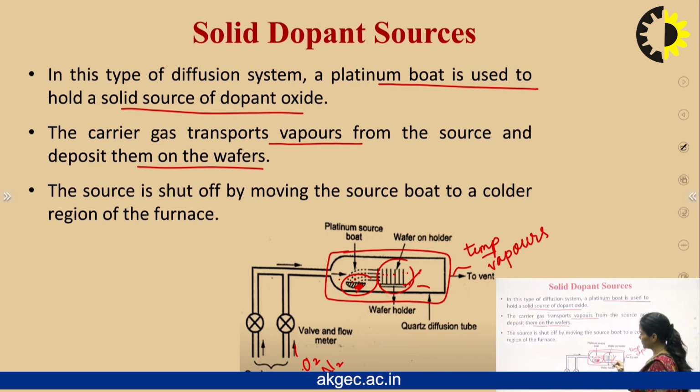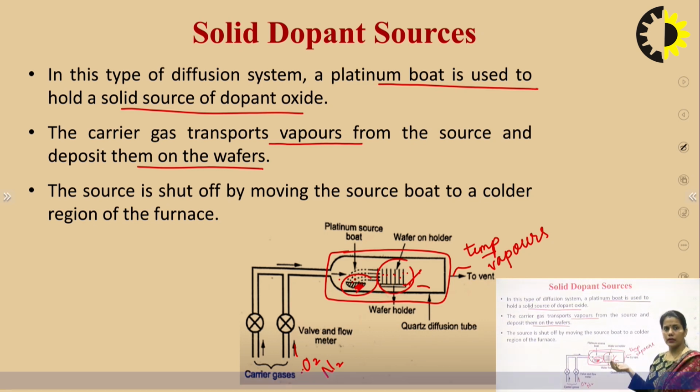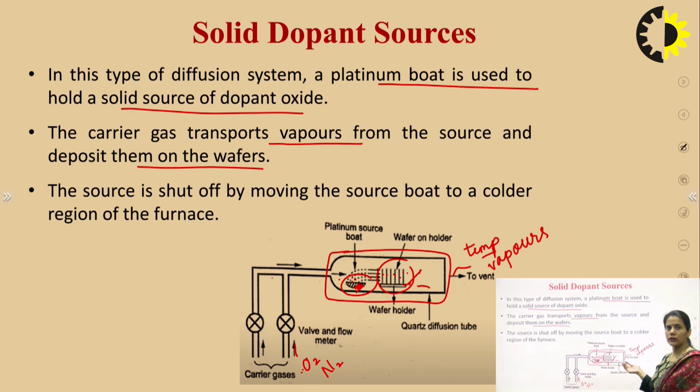After the gaseous molecules of this dopant are deposited on the wafers, they are solidified by placing this wafer holder in that portion of the furnace where the temperature is low. Now the extra gases, the exhaust gases, are sent out of this system. Again, this arrangement, as discussed previously, is made up of quartz. This is the quartz diffusion tube.